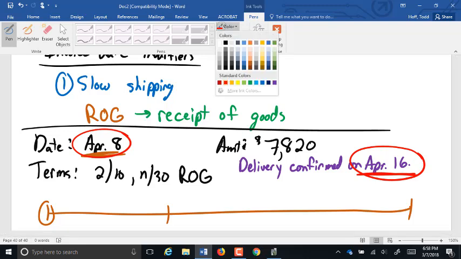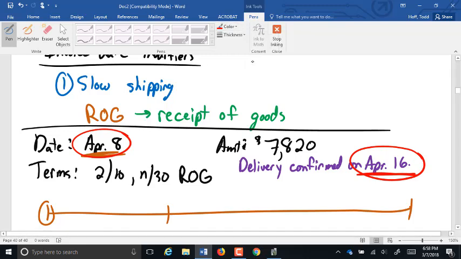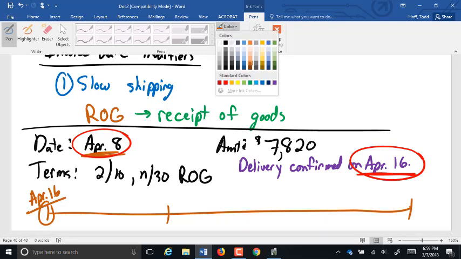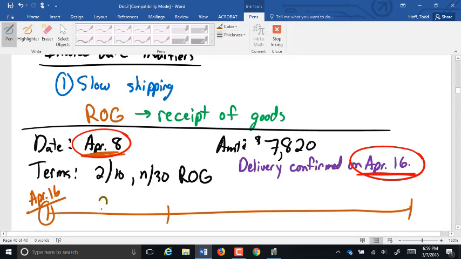So what starts our timeline is April 16th, the delivery date. So that means our discount period of 2% extends 10 days from April 16th, which would be April 26th. And our credit period goes until May 16th, 30 days after April 16th.